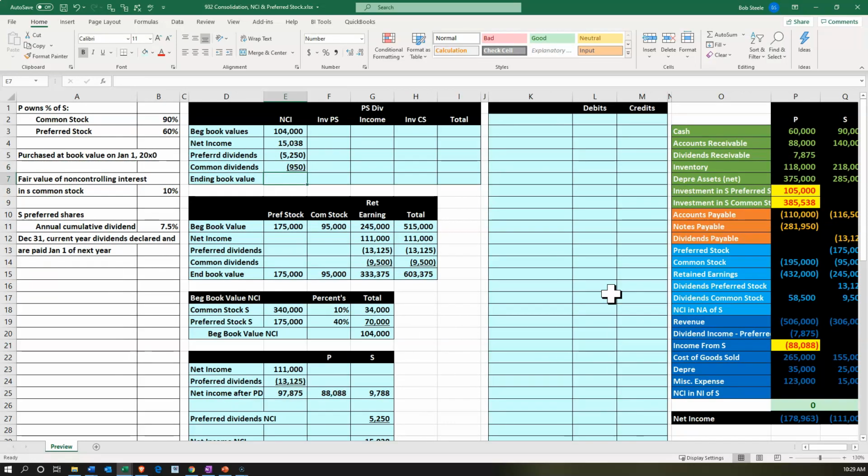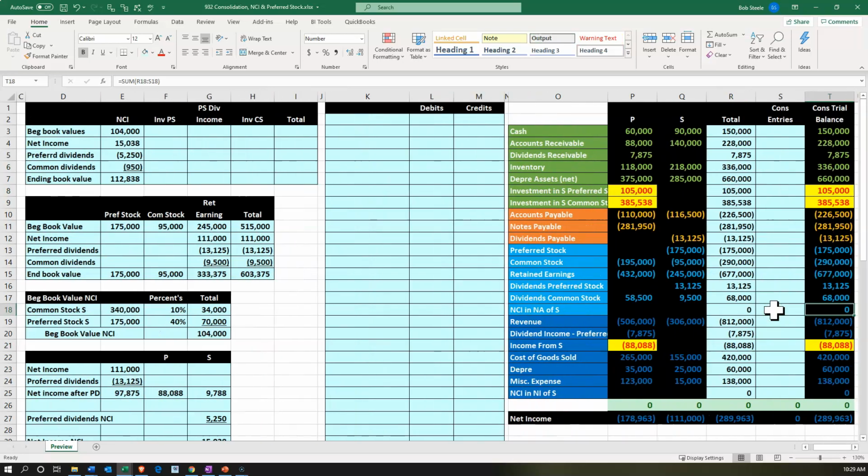There's the 950. Let's go ahead and sum this up then. There it is at the 112,838. So that is what basically this number will be, right? That's going to be this number, the non-controlling interest portion of, in essence, the equity section here.